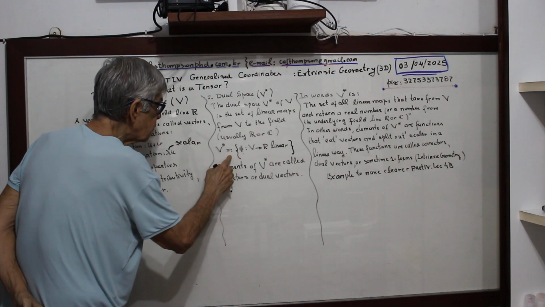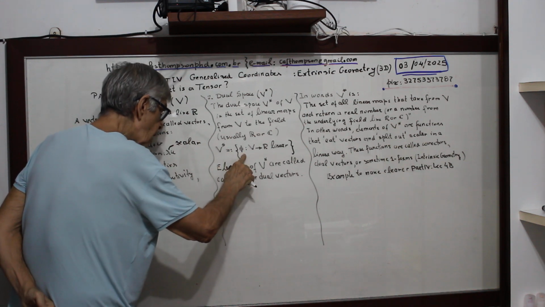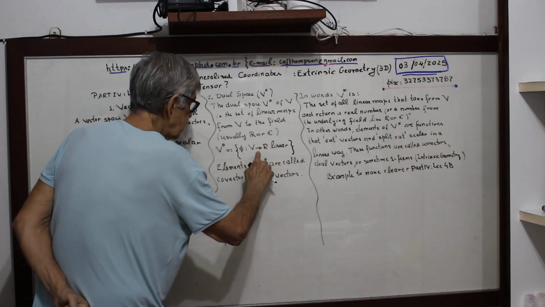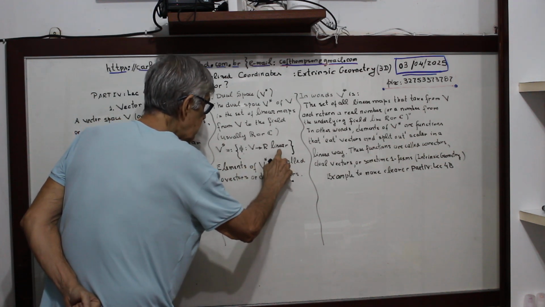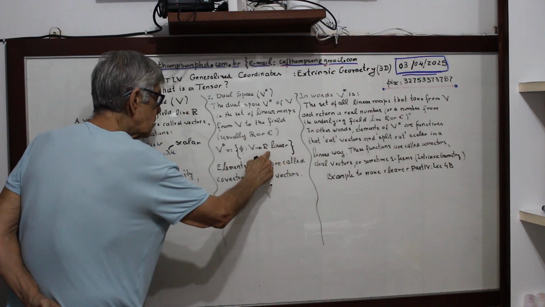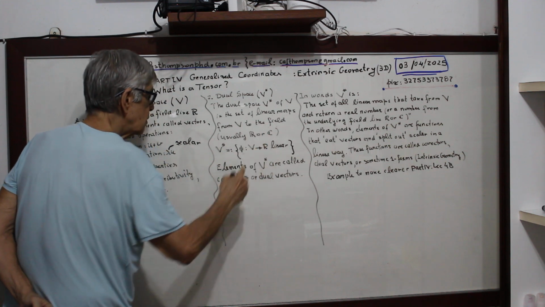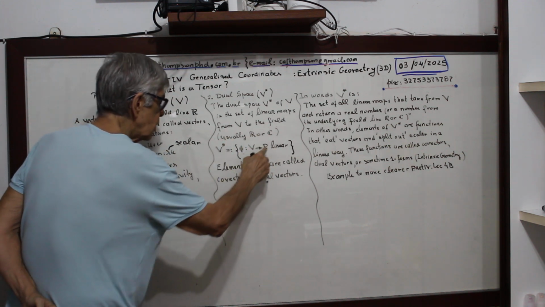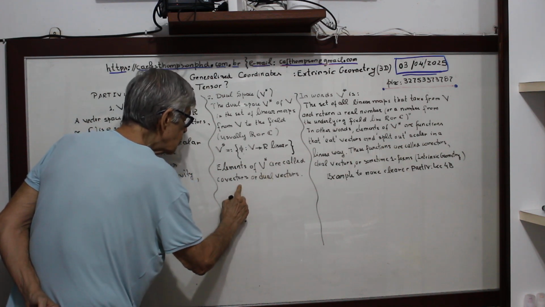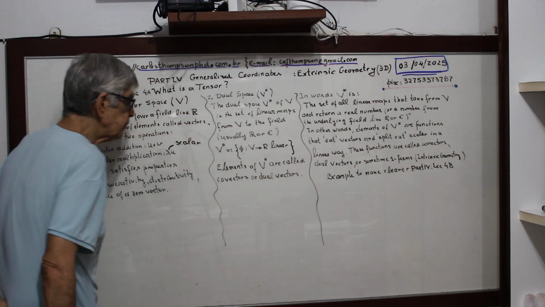V star is defined as phi, a function from V that maps linearly to a real number. Elements of V star are called covectors or dual vectors.